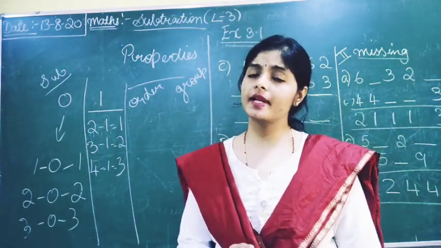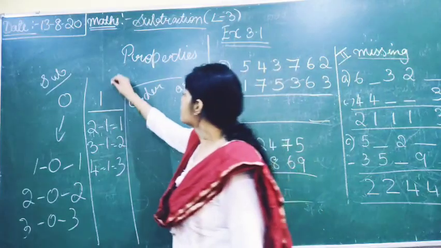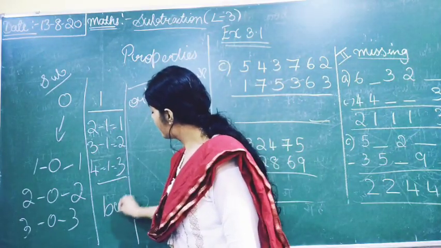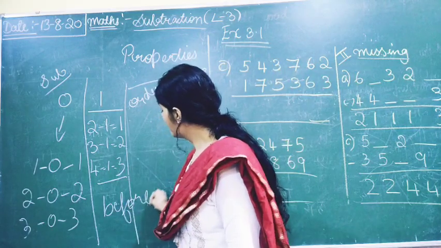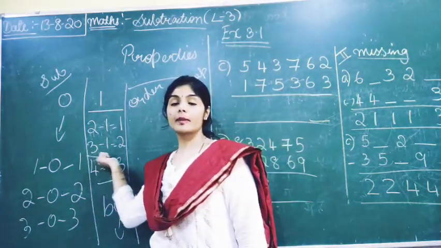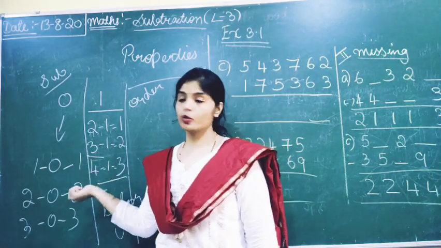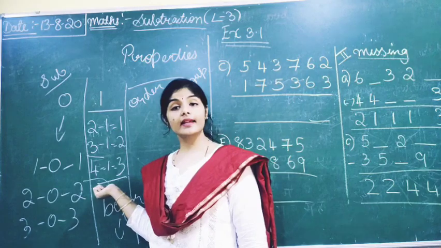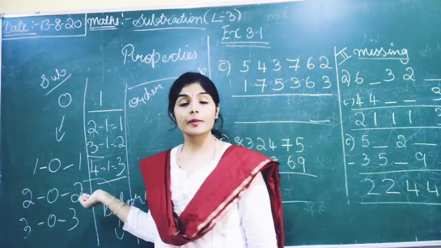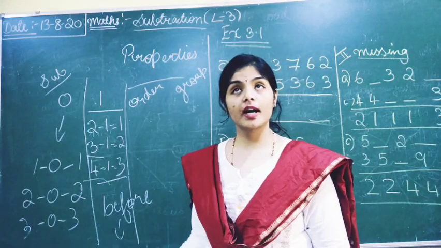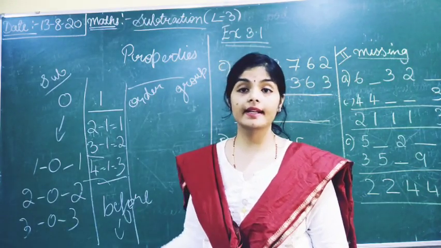Correct? What is predecessor? Predecessor is a before number. What is the before number of 3? 2. What is the before number of 4? 3. Before number of 5? 4. Before number of 73? 72. Before number of 100? 99.